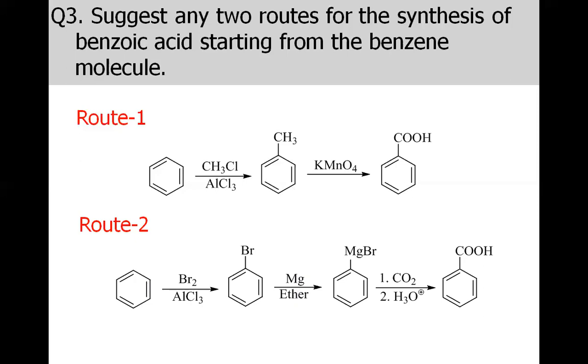And once the Grignard reagent has been formed, let us carboxylate this Grignard reagent using carbon dioxide, and upon the acidic workup, we may get the benzoic acid. So it is the other route to convert the benzene into the benzoic acid. However, it requires 3 steps, and route 1 requires only 2 steps.